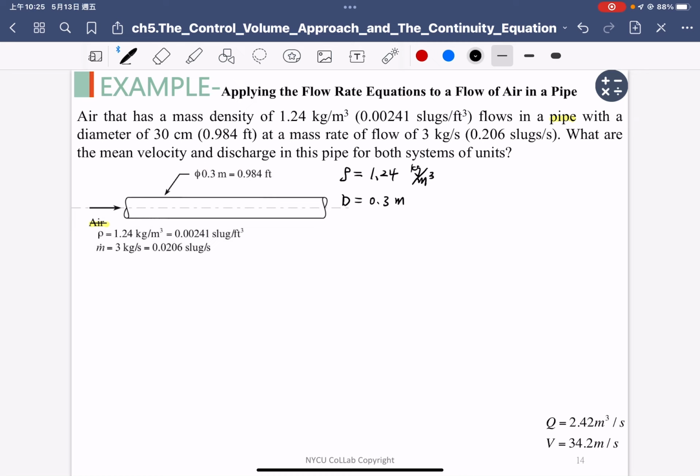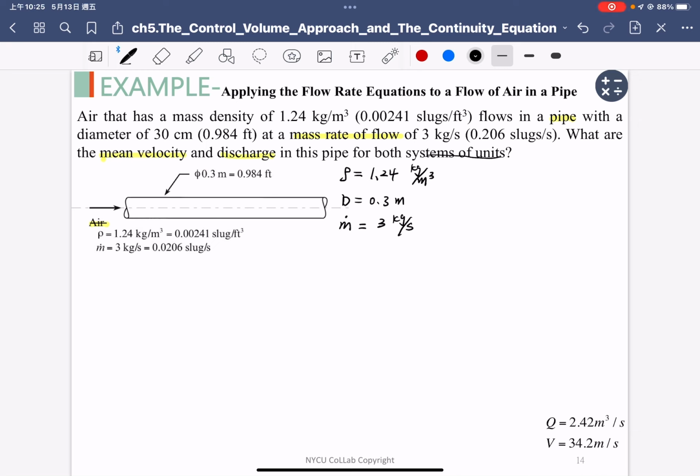And we know the mass flow rate, which is equal to 3 kilograms per second. What are the questions here? What is the mean velocity, and what is the discharge in the pipe? The question requires us to use the SI unit to answer.